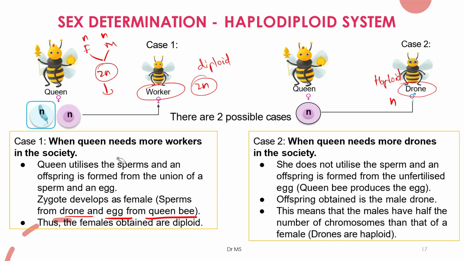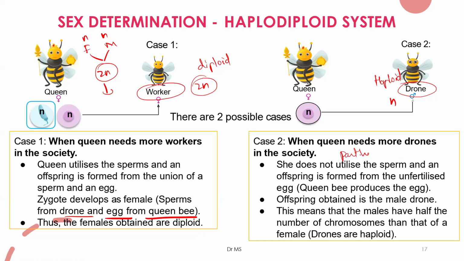But in case she doesn't need the workers, she needs the drones, she will not use the sperms. Instead, she will create the drones by parthenocarpy. So see here, she doesn't utilize the sperms, and offspring are formed from the unfertilized egg without using the sperms. Or rather, it's not parthenocarpy, that's for plants.